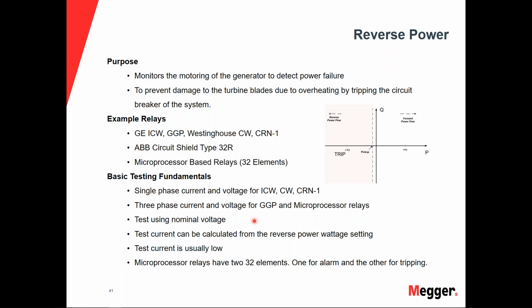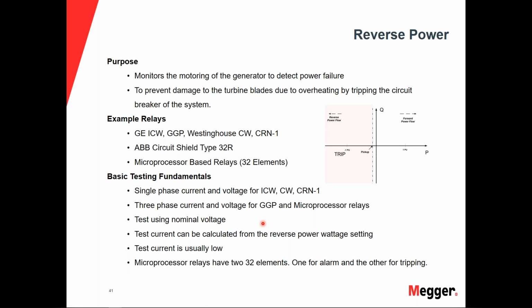For the three-phase, if you're doing a GGP or a microprocessor relay, it's a lot easier to test using three-phase. It makes the test easier to configure, and you can calculate it in three-phase just like it's going to be in the system. Anything we can get as close to testing like it is in the system, the better.